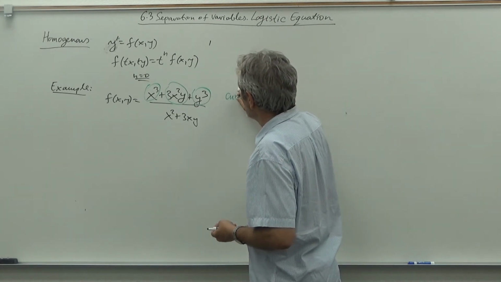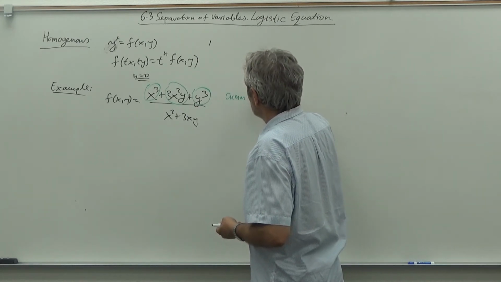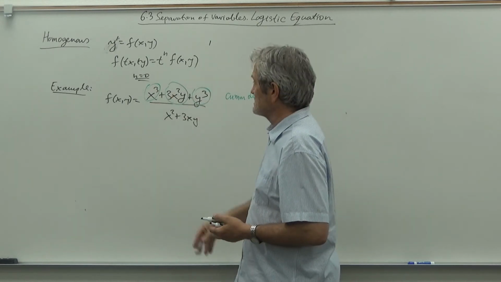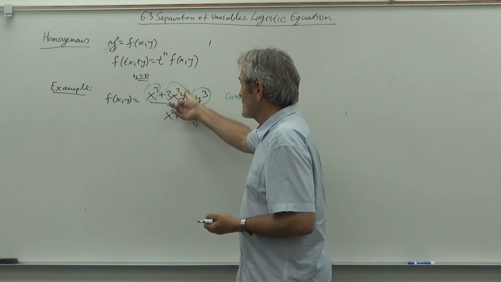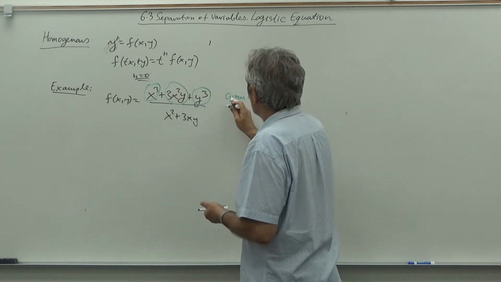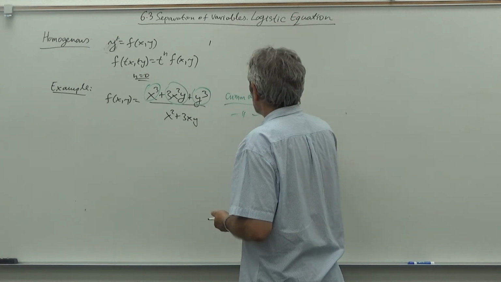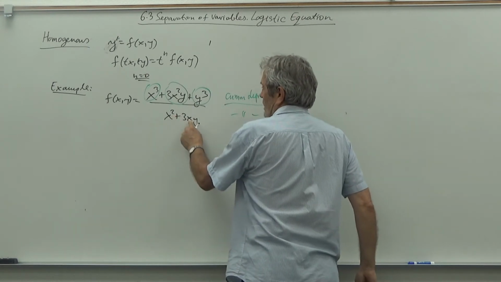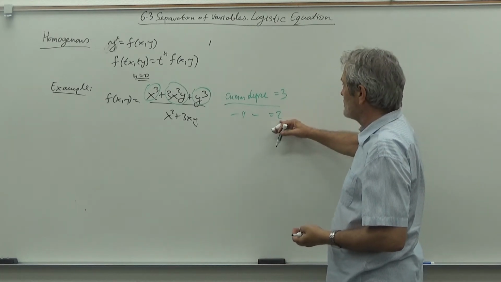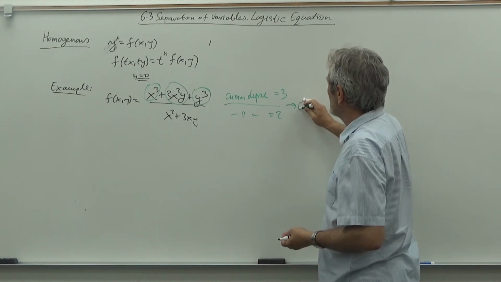For example, x squared times y has 2 x's and 1 y, that's 3. On the bottom, the cumulative degree is 2: x squared is 2, and xy is 1 plus 1, that's 2. So the top has cumulative degree 3, and when you divide by cumulative degree 2, everything will have degree 1.